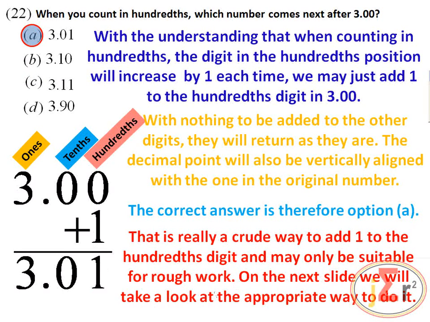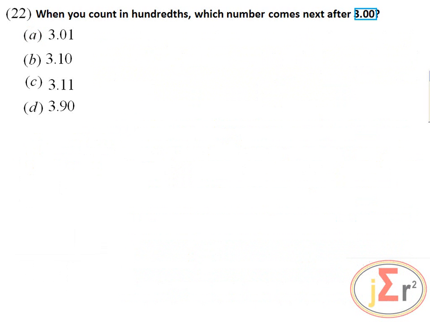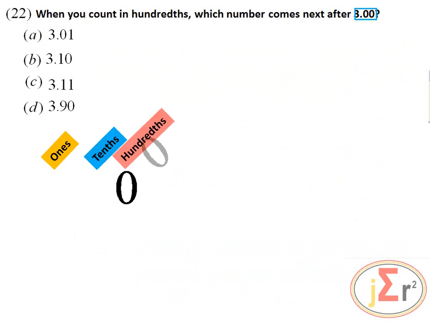Although, as rough work that you can do very quickly and arrive at your answer, knowing that you need to add 1 to the hundredths digit, that may be done. But not for something that you will hand to some teacher or something that you need to use to demonstrate how things are correctly done. So we will do it, and on this occasion we will do it the correct way.